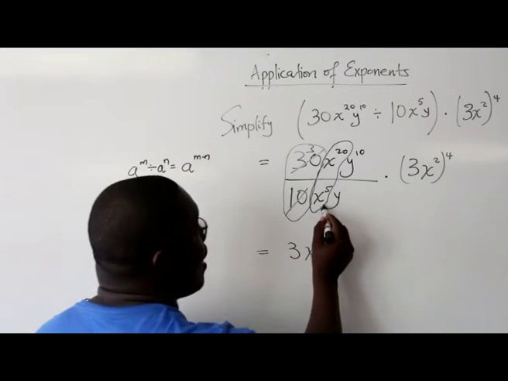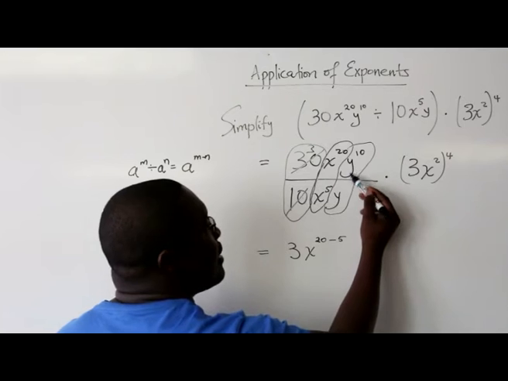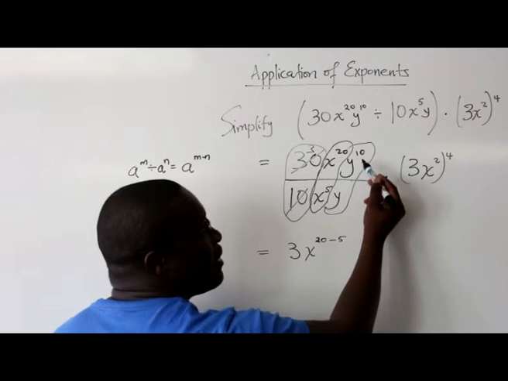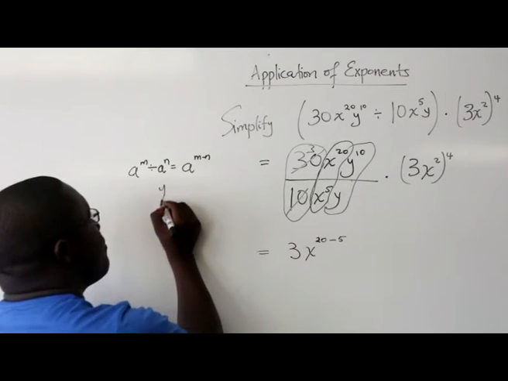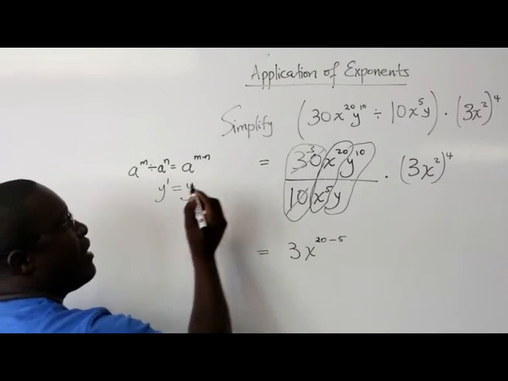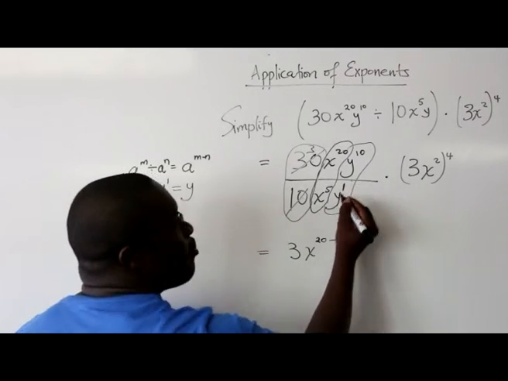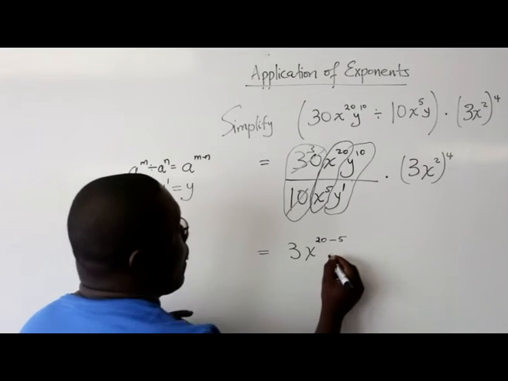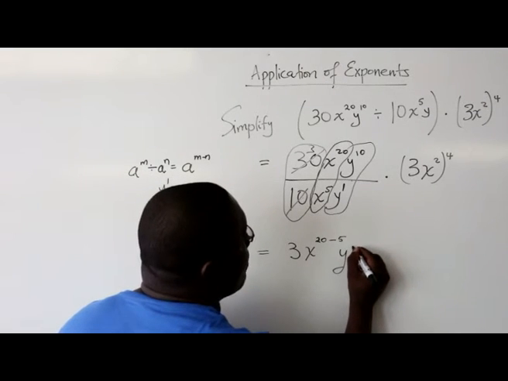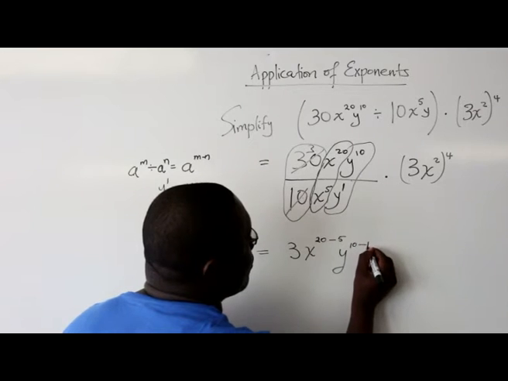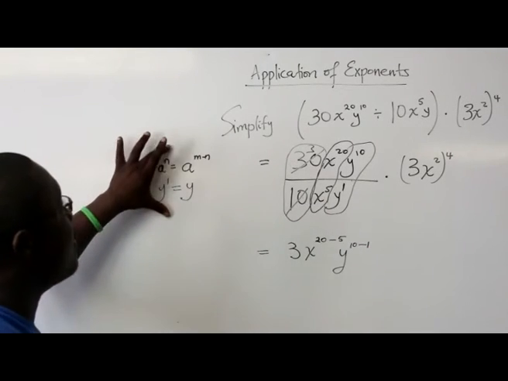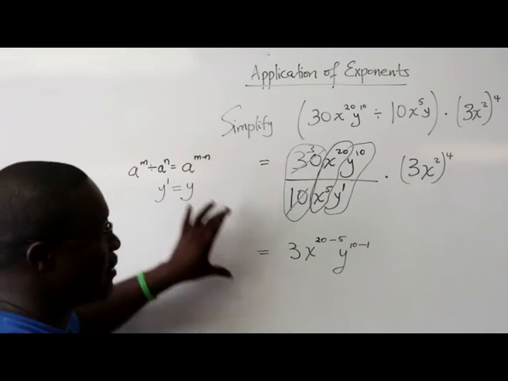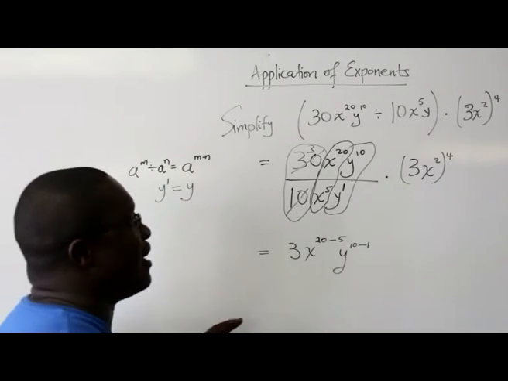Then when you come to your y, you check again, same base, division, therefore subtract. But remember, y to the power of 1 is the same as saying y, so you know that there is a 1 there. So y to the power of 10 minus 1, like that. So we have applied these two laws to this problem so far.